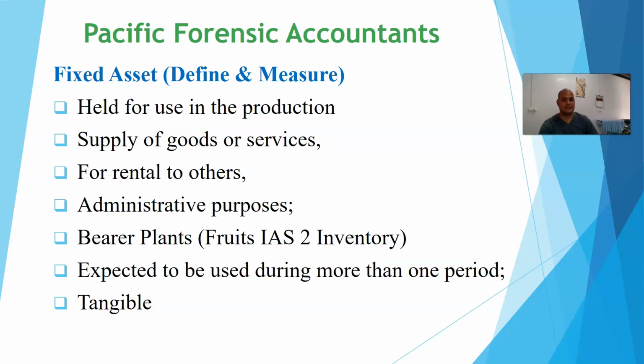There are assets that are not contributing to your production or to your supply of goods and services, or to helping you generate revenue. So, administrative assets, for example. Take the offices we are located in.